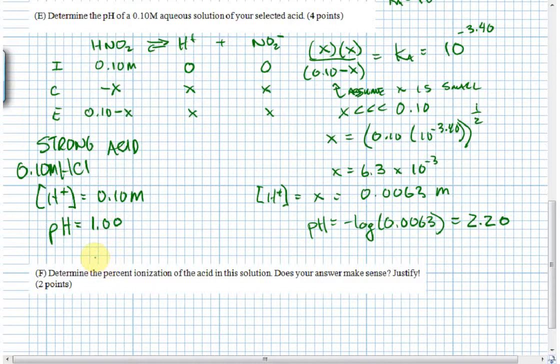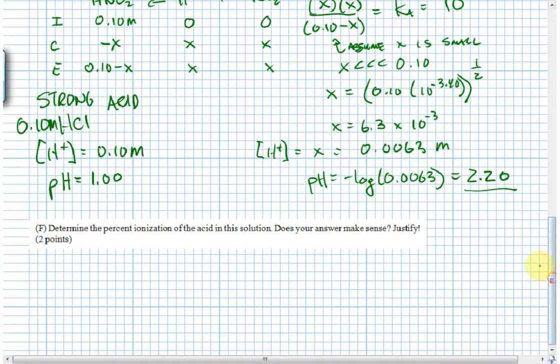So for comparison purposes, this is our benchmark. Strong acid, completely ionized. Here is our weak acid, partially ionized. It definitely has an acidic pH, but not as low as what we would get from a strong acid, but still relatively low, which makes sense because this is a relatively strong, weak acid. I hope everything I said there makes sense.